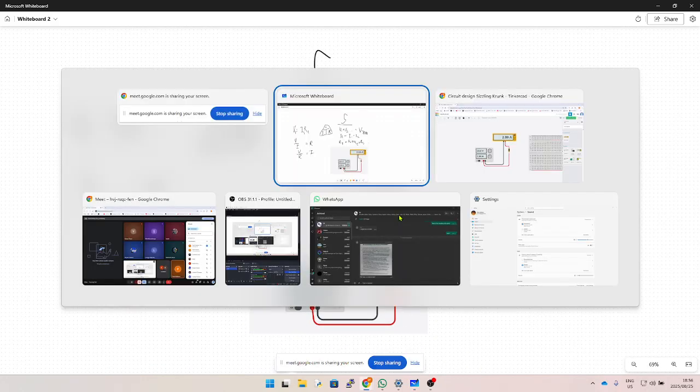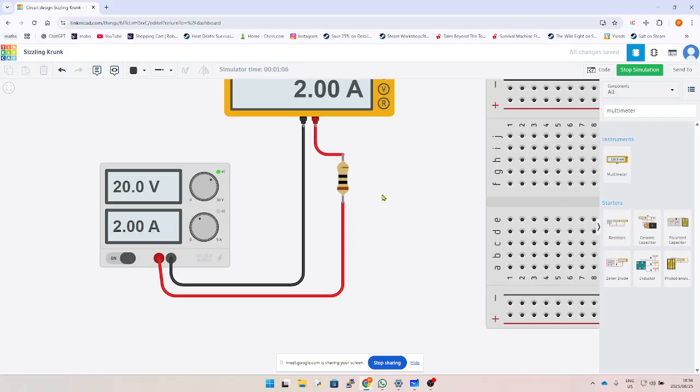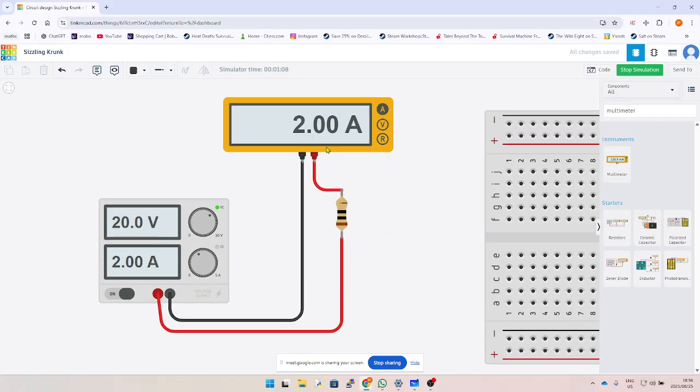In a series circuit, you can trace one pathway with your finger. If you put your finger on your screen and move it from the positive terminal all the way around through the resistor, through here into the other one and back into the power supply, it's only one pathway. That's how you know it's series.